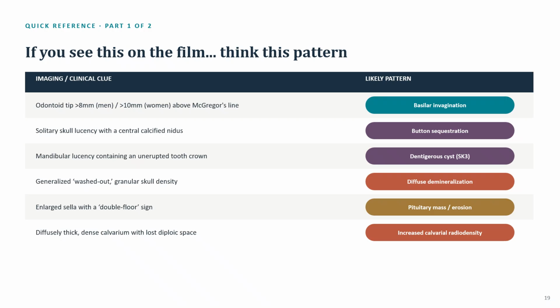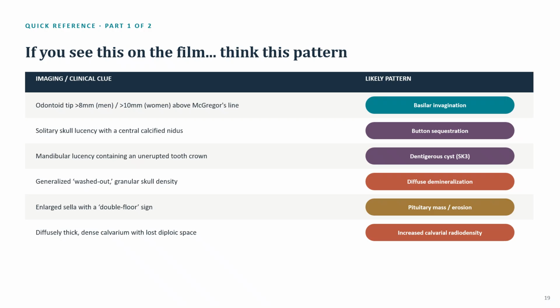We're just trying to focus on matching what we might see in an x-ray with the pattern we learned. So if we see that the odontoid is sitting too high above what we call the McGregor line, we're going to think about basilar invagination. If we're seeing a dark area in the jaw surrounding the crown of a tooth that hasn't erupted yet, it might suggest that there is some type of cyst there.